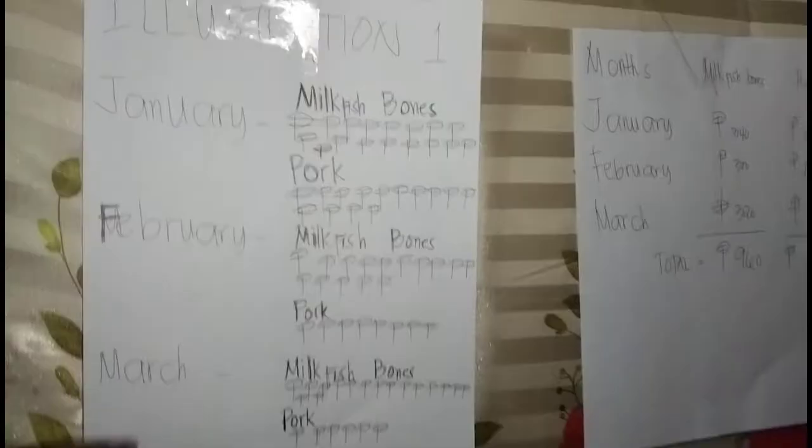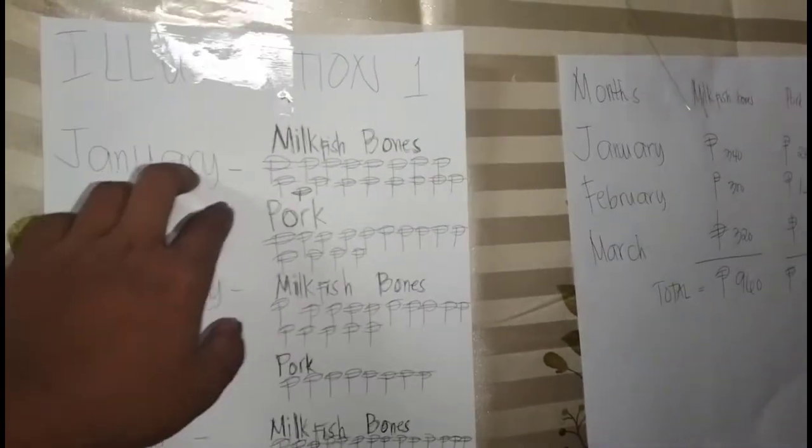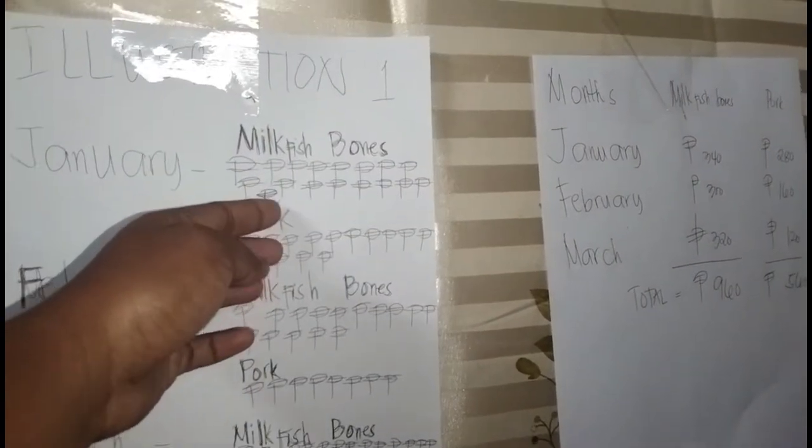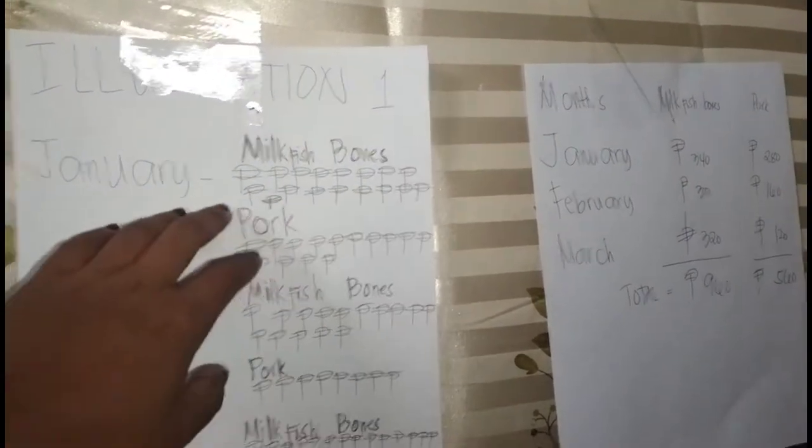So as you can see, in January we have milkfish bones of 17 peso signs.